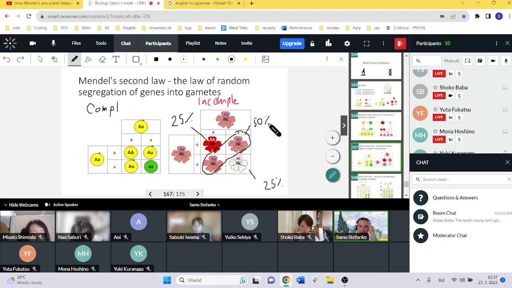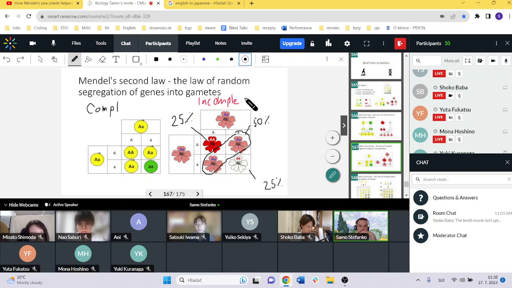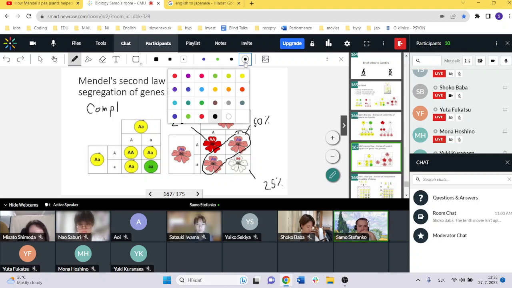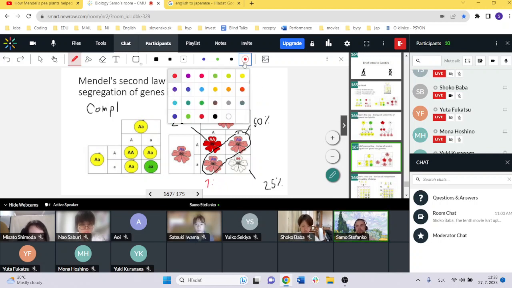Okay, so our ratio or genotypic segregation ratio in our case is 1 to 1. Okay, let me use different color. One for red flower. This is genotypic segregation ratio.